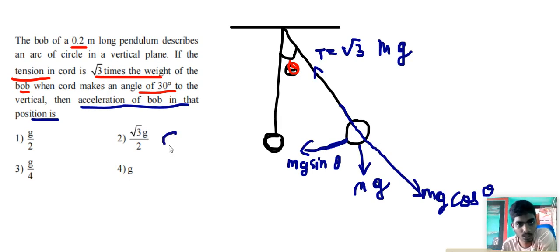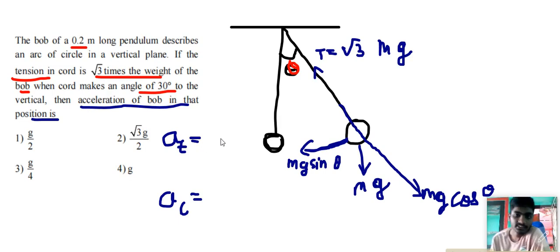There are two accelerations taking place here: one is the tangential acceleration and the other is the centripetal acceleration. So tangential force and centripetal force are acting here. Mg sin theta is the tangential force.